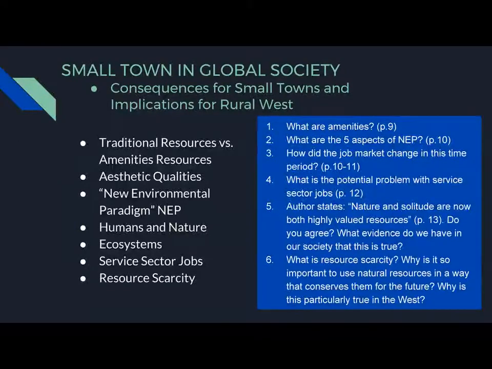Do you agree? And what evidence do we have in our society that this is true? And then this idea around resource scarcity. And why is it important to use natural resources in a way that conserves them for the future? And do you agree that we should do this? And why is this debate particularly important in the West?